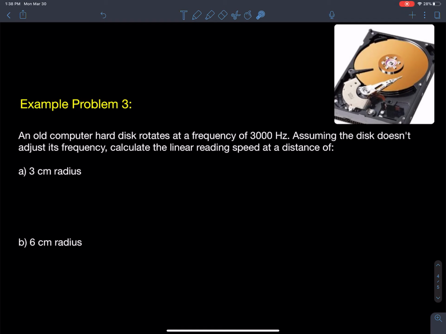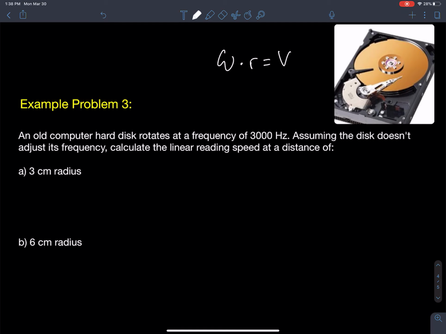So if my reader is reading over here and it needs to read at a rate, maybe what's going to happen is this disk is going to speed up. If it's out here, the velocity out here is going to be larger than the velocity over here, for the reason that your angular speed times r is going to be equal to velocity.